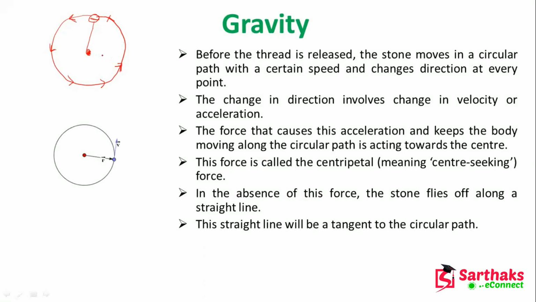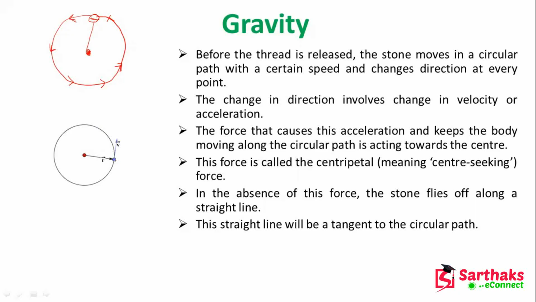So it is always changing direction, and whenever it maintains a certain speed at every point, the change in direction involves a change in velocity and acceleration. The force that causes this acceleration and keeps the body moving in this circular path is called centripetal force.